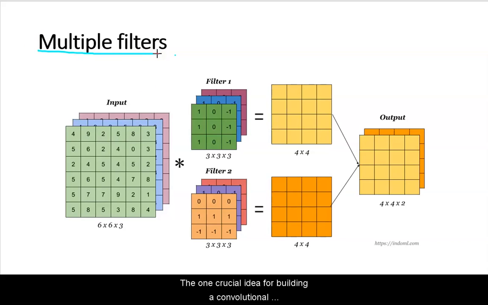So one crucial idea for building a convolutional neural network is, what if we wanted to detect say an edge, but with vertical edges, edges that are horizontal, edges that are inclined at any angle as well.